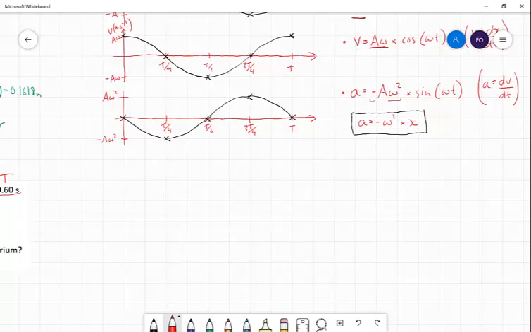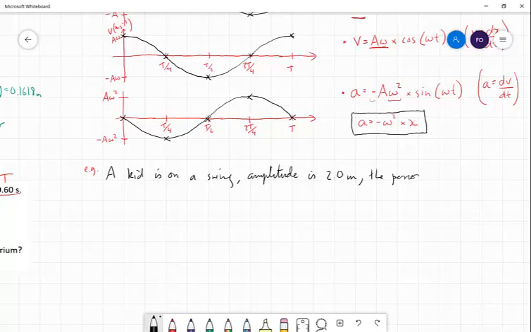So we have a situation where a kid is on a swing. For example, a kid is on a swing, and the amplitude is 2.0 meters. The period is 4.0 seconds.